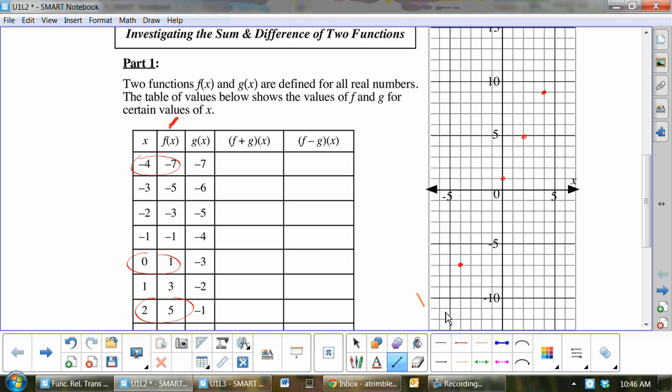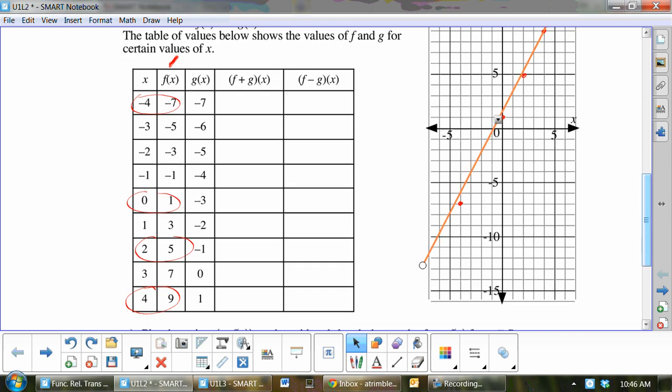So I'll move that down here so it's a bit better. Okay, so that would be f of x. Let's write that right here, f of x.